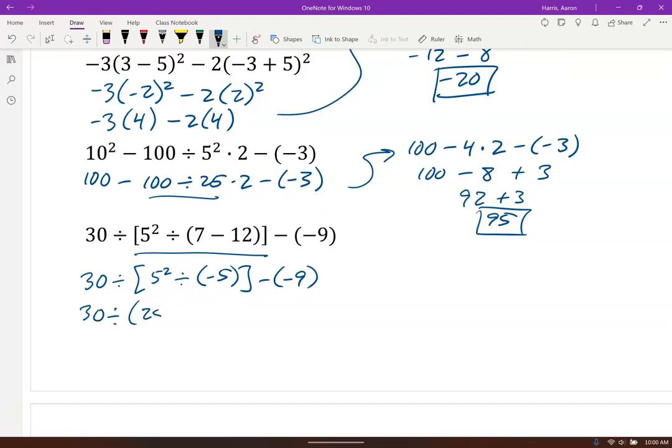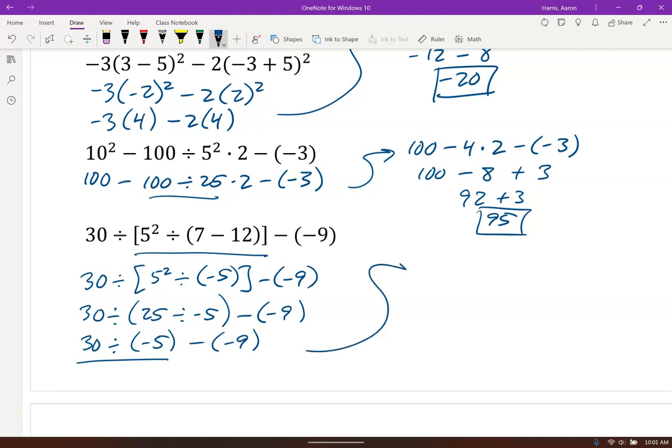So I have 25, 5 squared, divided by negative 5. 25 divided by negative 5 is a negative 5. Now I'm going to do multiplication, division, left to right again. 30 divided by negative 5 is a negative 6. And negative times a negative is a positive, so negative 6 plus 9. That one ends up with 3. Good work on that.